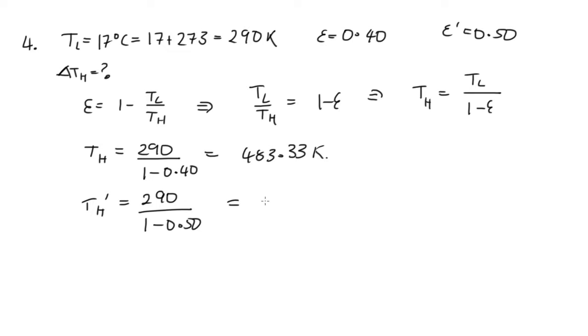And that is equal to 725 kelvins. And so the change in temperature of the high temperature reservoir is equal to the final 725 minus 483. And solving that, we end up with 97 kelvins as the change in temperature.